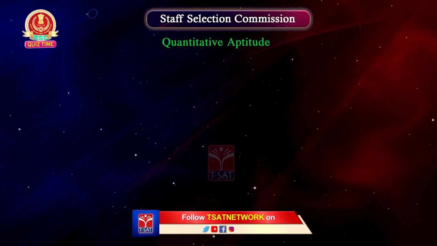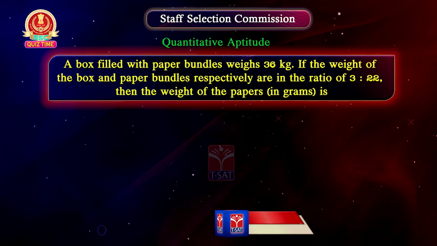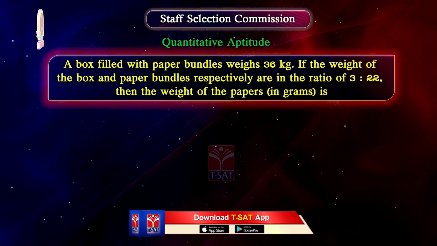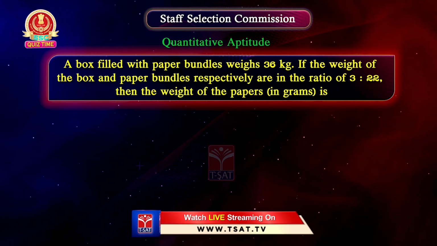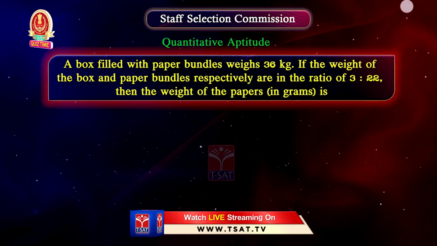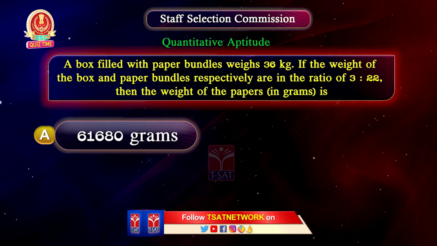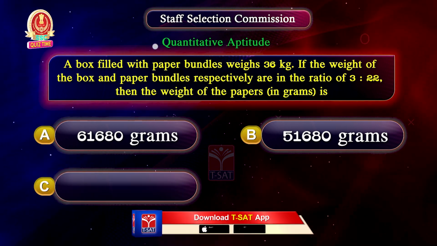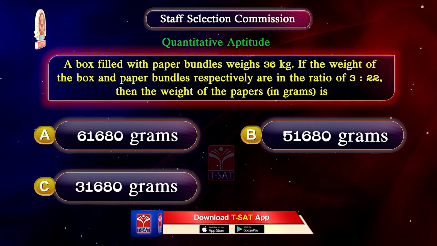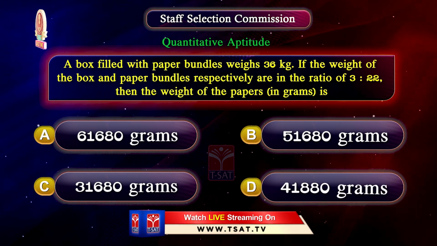Next question. A box filled with paper bundles weighs 36 kgs. If the weight of the box and paper bundles respectively are in the ratio 3:22, then the weight of the papers in grams is: option A, 61,680 grams; option B, 51,680 grams; option C, 31,680 grams; option D, 41,880 grams.